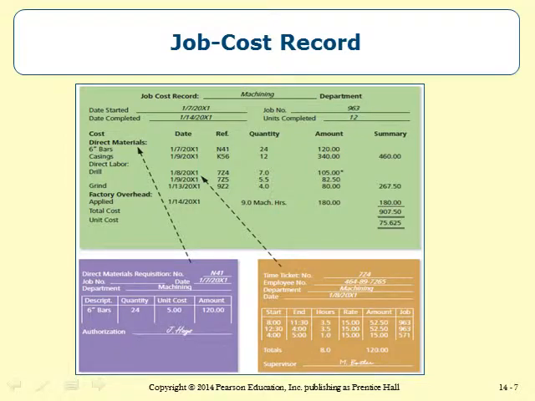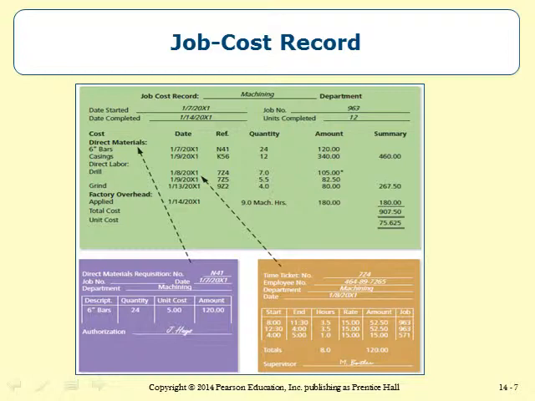Underneath, in purple and in tan, to the left, we see the direct materials requisition sheet, which says here's how much we requisitioned: 24 six-inch bars at a unit cost of $5 each, which meant this job got charged with $120 for that line item of direct material.